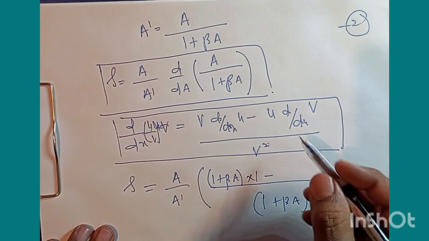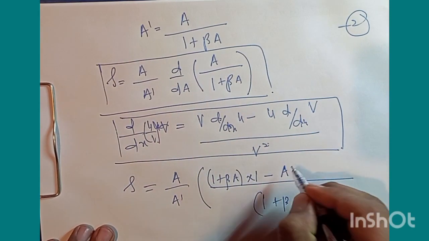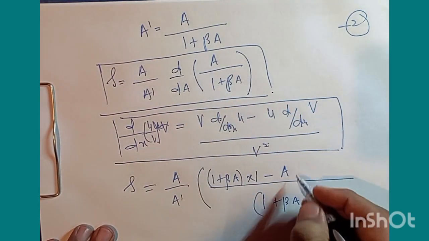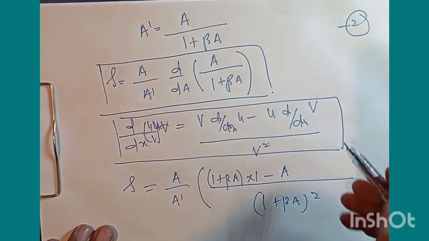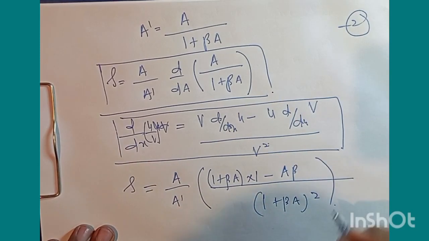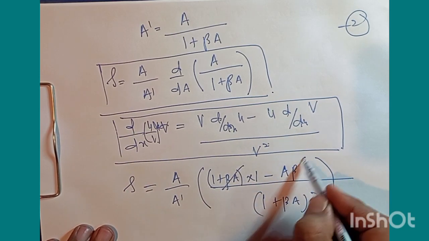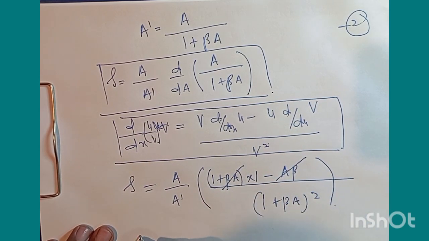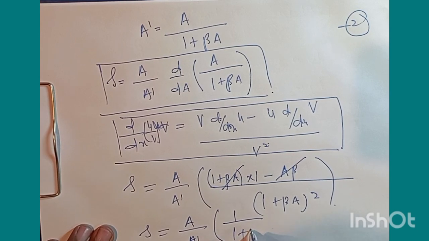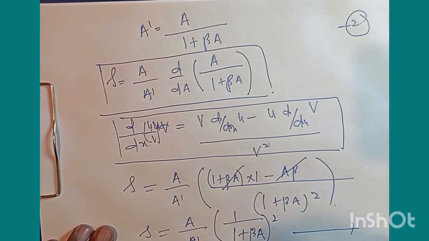Then minus u as it is, so A as it is, into differentiation of 1 plus beta A. So differentiation of 1 will be 0 and differentiation of beta A will be beta. Right? So I see this beta A and beta A is cancelled. So S will be A by A dash times 1 by 1 plus beta A whole square. Right?